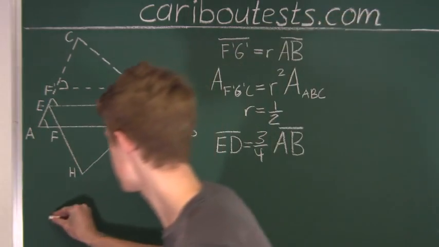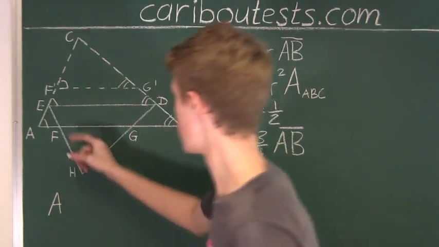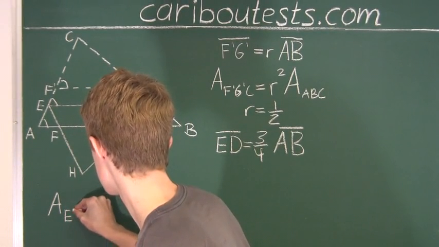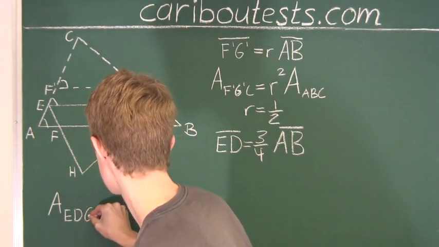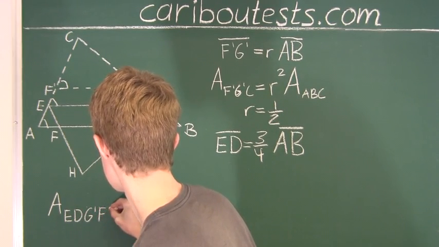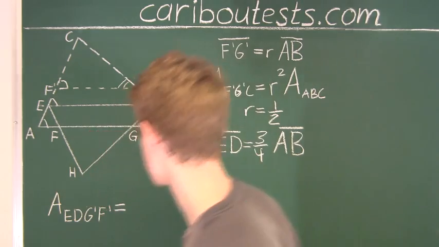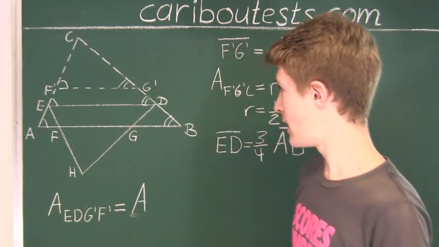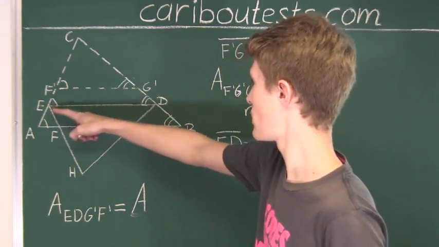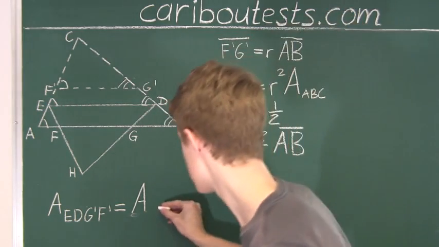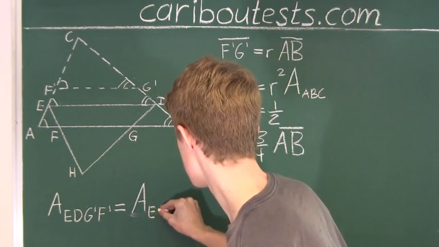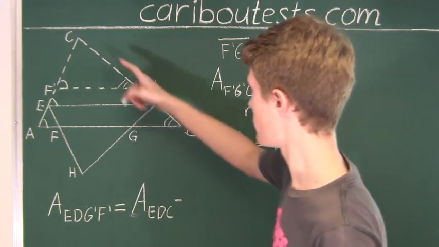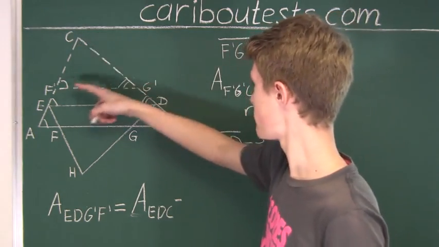So to find the area of E, D, G prime, and F prime, we will find the area of the triangle E, D, and C, and we will subtract the area of the triangle F prime G prime C.